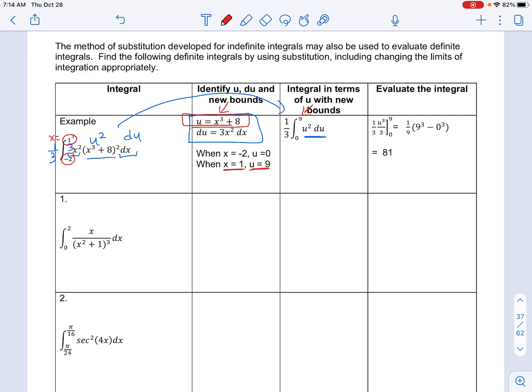When x is negative 2, the lower bound, plugging in negative 2 gives you 0. Now when you take the antiderivative, you get 1/3 u to the third over 3, and you can plug in these bounds for u to find the correct numerical value, which is 81 here.